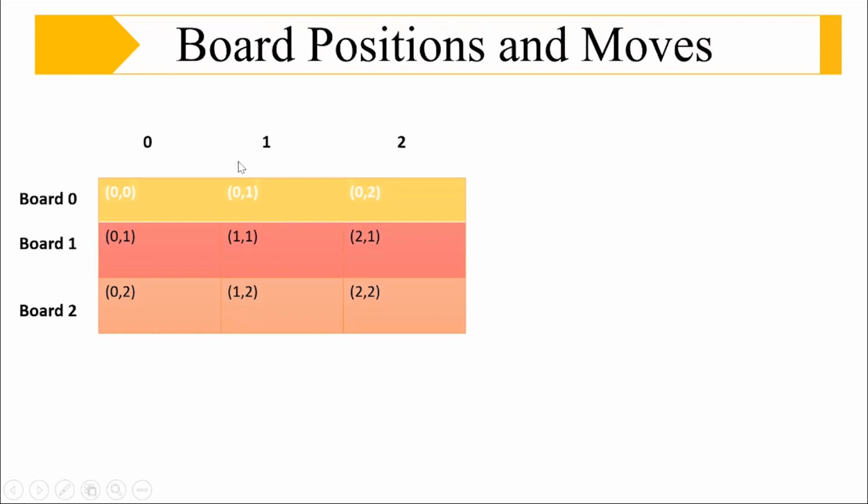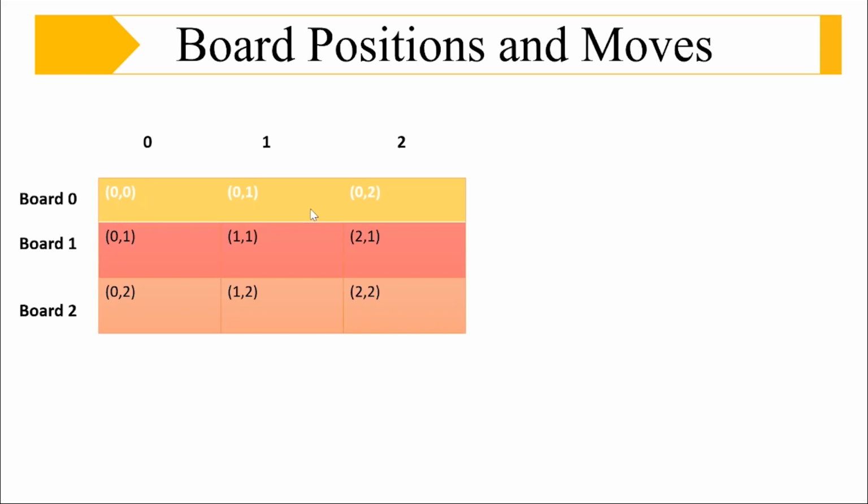So here we have the board positions that take the column number first and then the row number. If you see here, we have 0, 0.